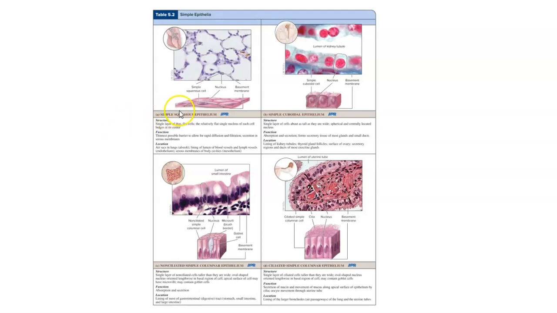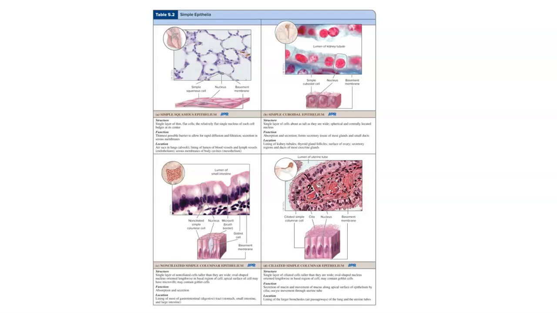Exactly, simple, 1 layer, squamous, squished flat. Okay? So the function of these, of course, is to provide a very, very thin barrier that allows for diffusion and filtration to happen very easily. Also, we find these making up the serous membranes that line organs and cavities. Now, remember we talked about that earlier as well.